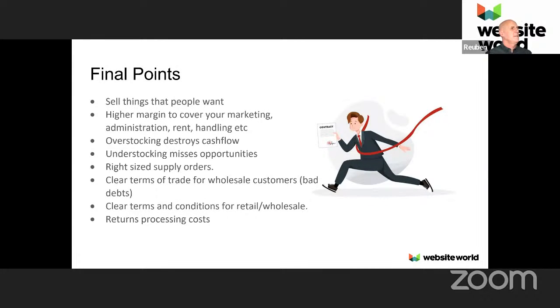Final points. You've got to sell things that people want. It's got to be first and foremost. So if the question around pricing is about items that people aren't buying at all, then the issue may be that it's not something that they want. If you're focusing on products that are selling well, or that you're selling a quantity of, then you can try things, right?